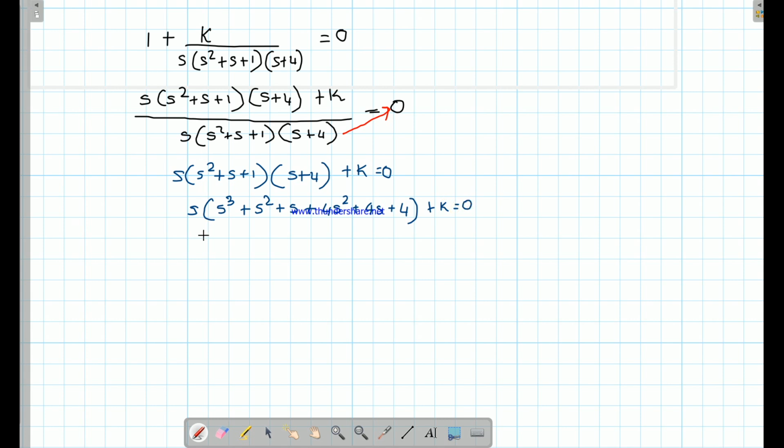So here s into s cube is s to the power of 4.